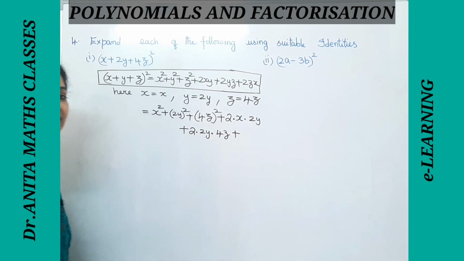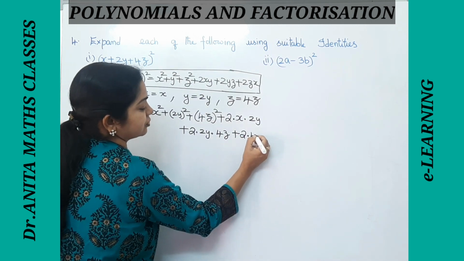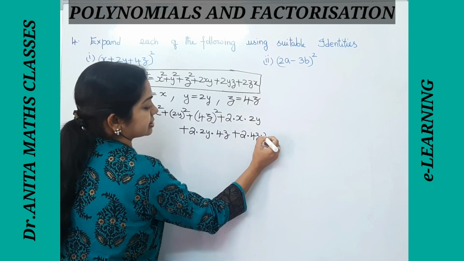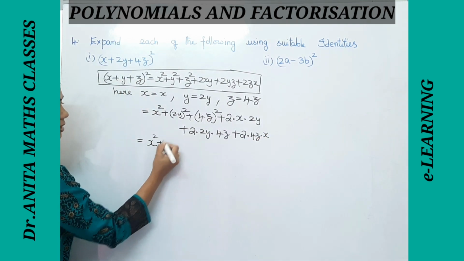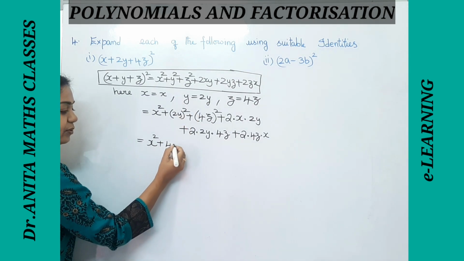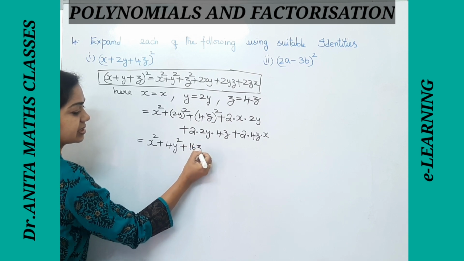Then later on 2 into z into x, so 2 into 4z into x. So x square, now 2y whole square comes to 4y square, 4z whole square is 16z square.